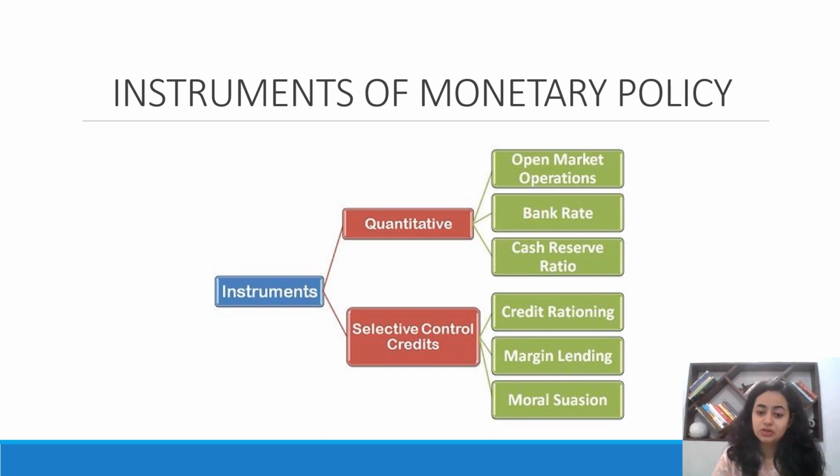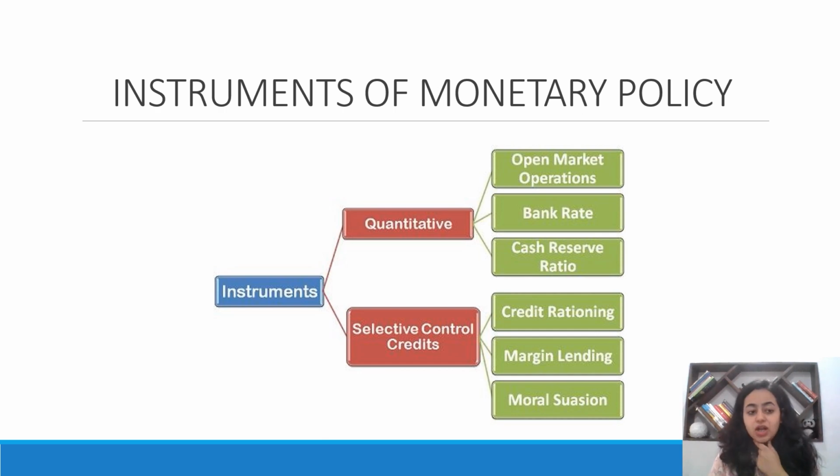Say, for example, it instructs the commercial banks to give at least 10% of their entire loan funding to women, or say 20% to small and medium enterprises. This way, it restricts or puts a ration on their credit funding.